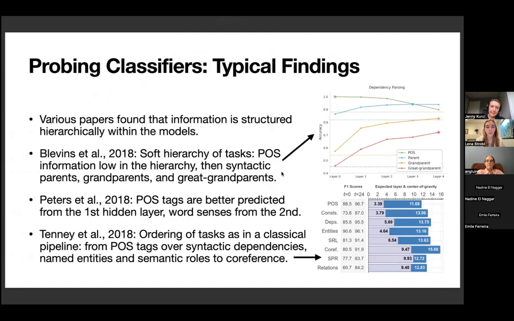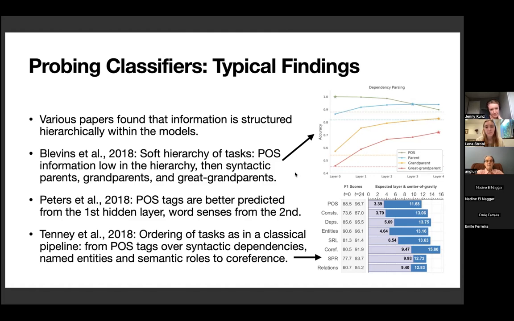And typical findings from the probing literature are that linguistic information is in fact structured hierarchically within the models. For example, one paper from Liu et al. found that there is a soft hierarchy of tasks, that the first layers perform best at POS tagging, and that for syntactic parents you need to go a bit higher in the model to reach better performance.